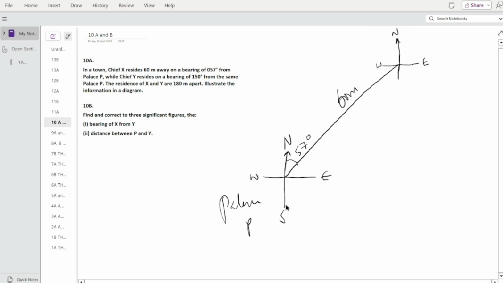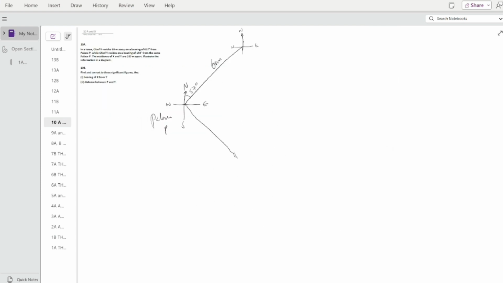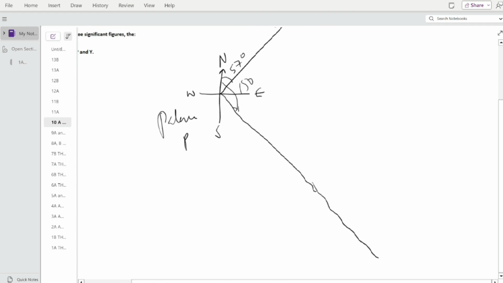We know this one is 180, so 150 doesn't get to 180, so it's somewhere around here. We'll draw a line down. We travel 150 to this point, and we know this is a straight line. The rest is 30 degrees to make it 180. So this small angle is 30 degrees.